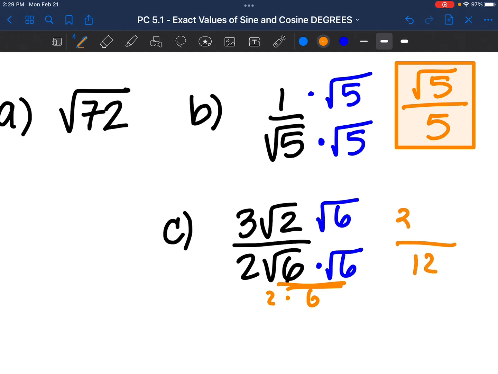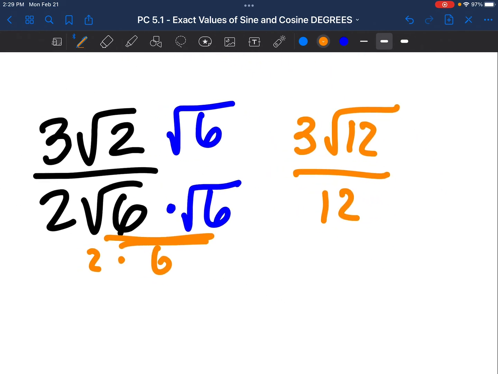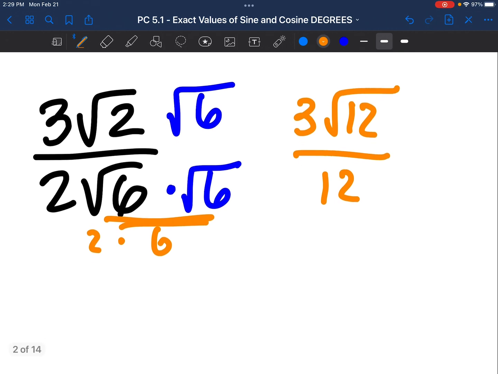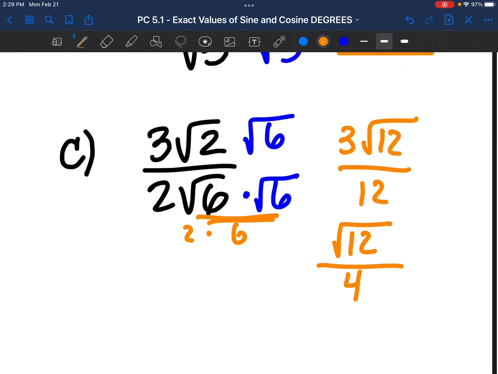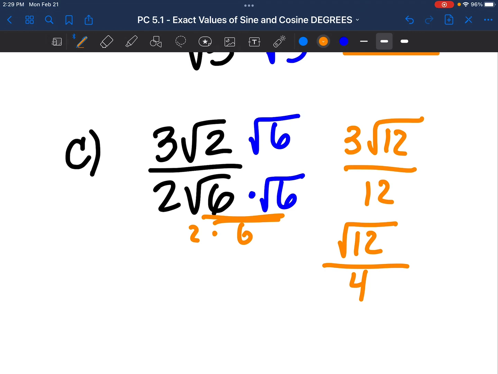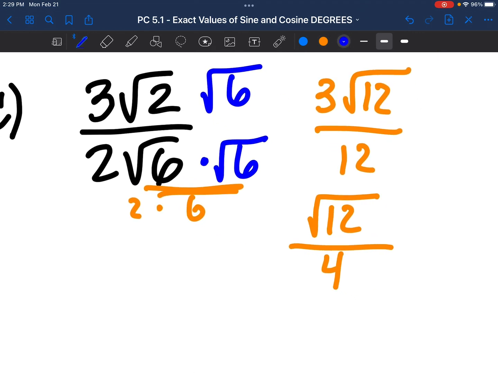The numerator is 3 times the square root of 12. 3 over 12 simplifies to 1/4. So I can simplify it as root 12 over 4. And the root 12 needs to simplify like we did in part A, which is 4 times 3, so we end up getting 2 root 3.